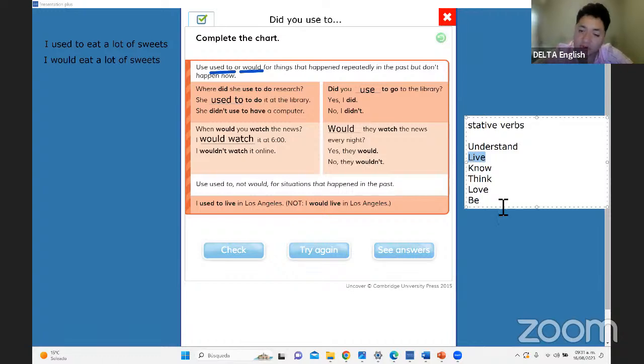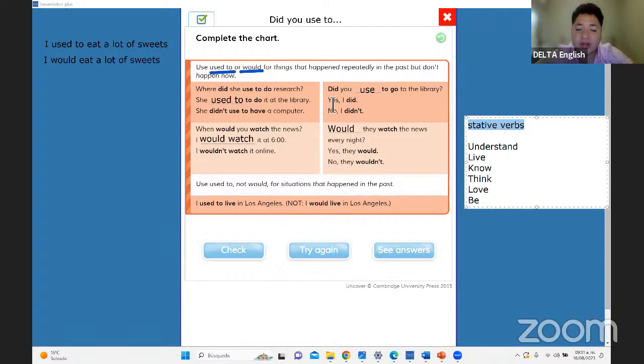Okay, entonces estos verbos que no se pueden utilizar de forma imperativa como una orden, right? Verbos estáticos, and verbs that can be only used like once. It doesn't make sense that they're done repeatedly, right? No tiene sentido que se hagan de forma repetida. Por ejemplo, el verbo live.